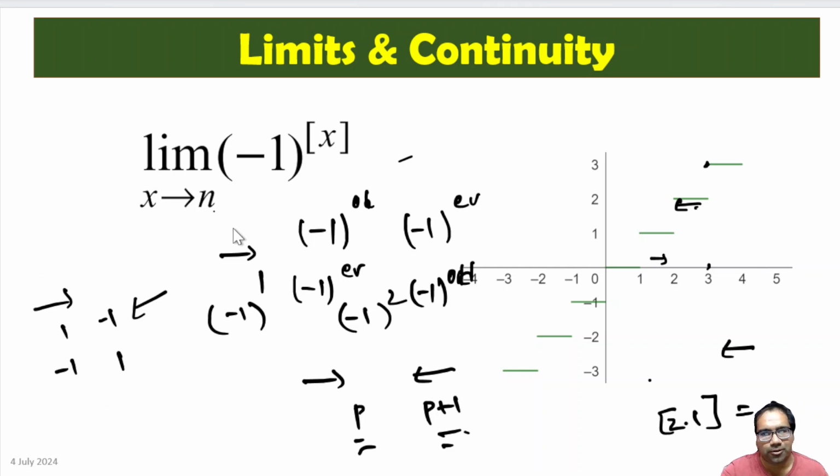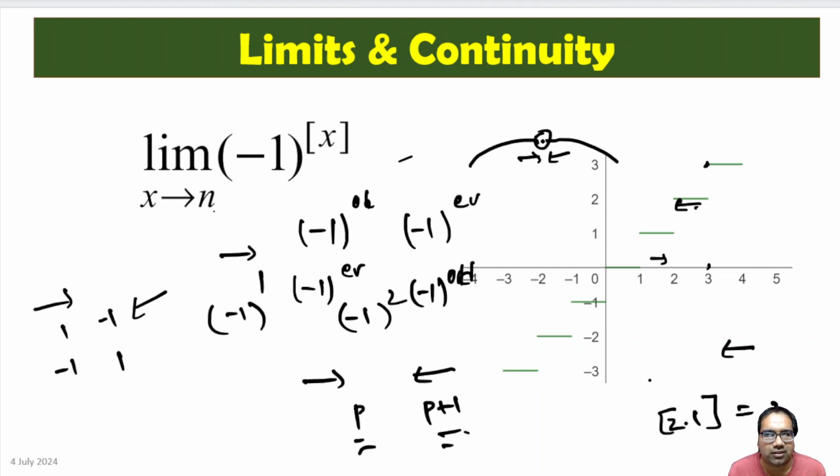So clearly the limit doesn't exist. If a limit exists, then approaching this n from both sides, you should approach a common number. But here one side you are getting one number, and the other side a different number. When a limit has to exist, approaching from the left hand side or right hand side, you will tend to a common number.